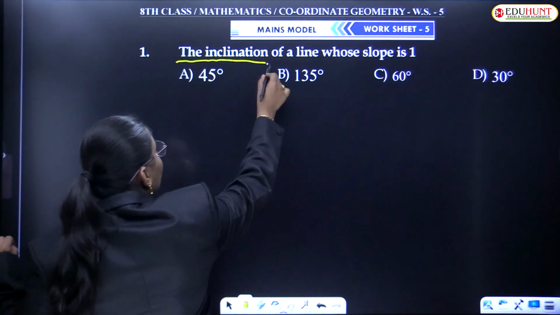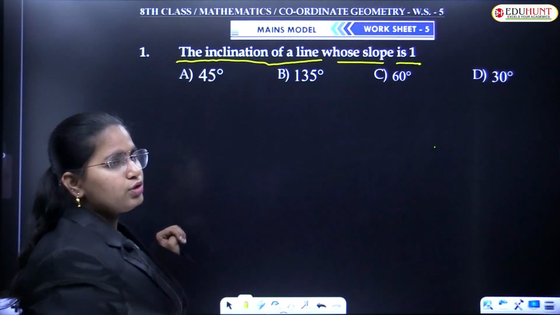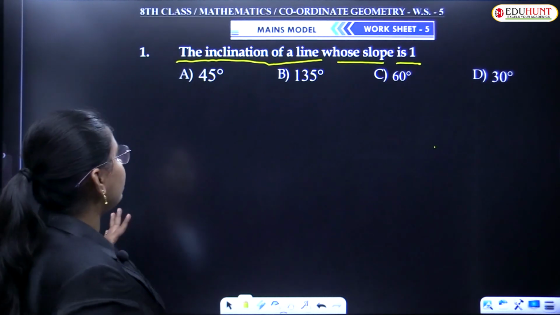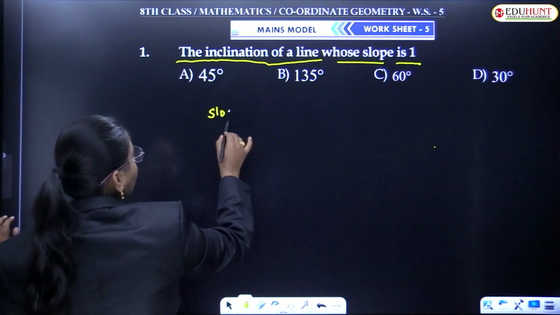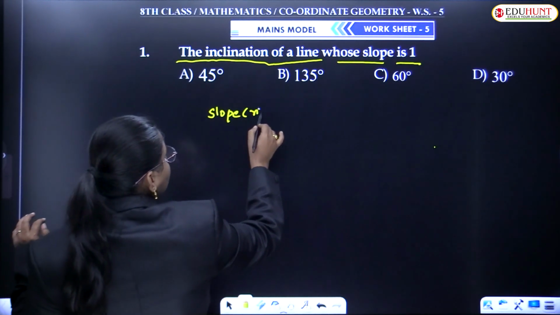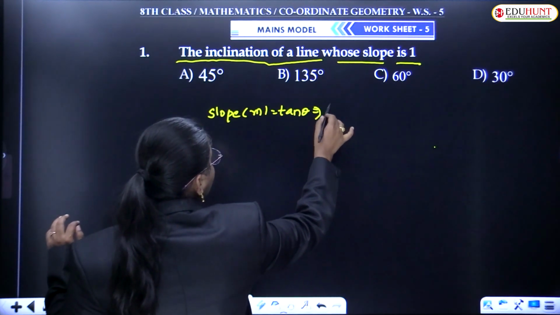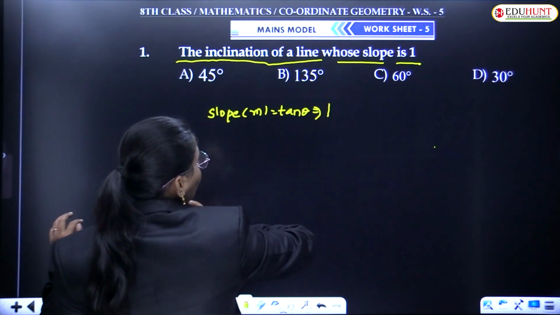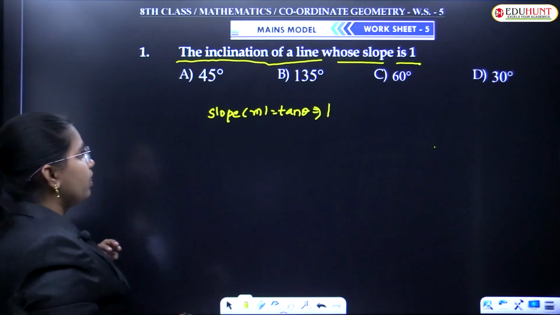The inclination of a line whose slope is 1. You need to find the inclination of the line whose slope is given as 1. Slope m is defined as tan theta. Given it is 1, tan theta is equal to 1.